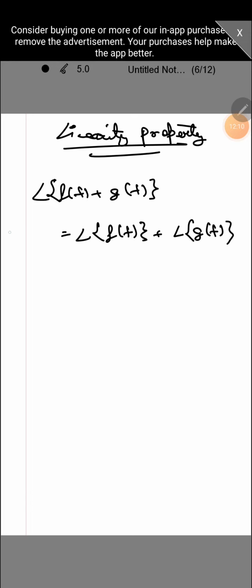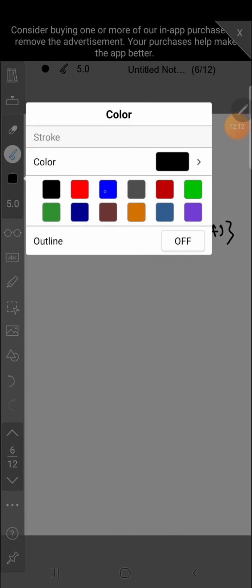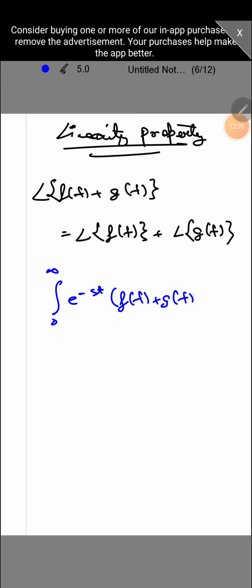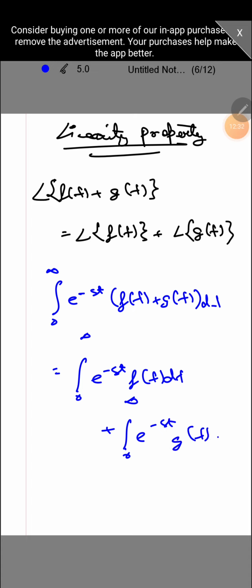Understanding this is, I guess, very simple. So the integration from 0 to infinity of e to the power minus st times f(t) plus g(t) will be equal to the integration from 0 to infinity of e to the power minus st f(t) dt plus the integration from 0 to infinity of e to the power minus st g(t) dt.